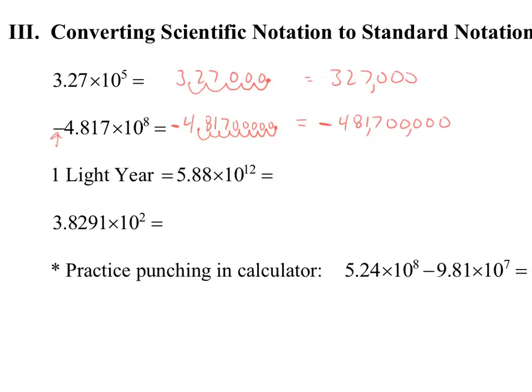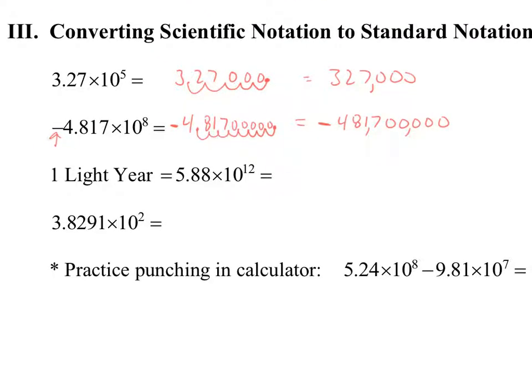So this says 1 light year equals 5.88 times 10 to the 12th. So you'd write this one: 5.88. And a little trick I think about is it's 12. So I've got to go 2 places to get to the end of the numbers, right?